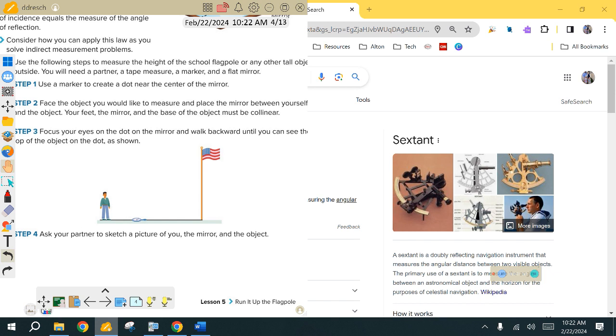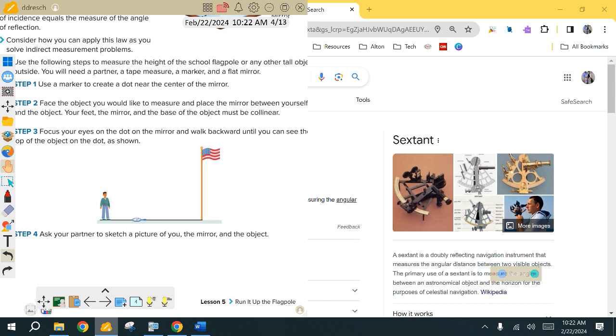I keep looking at that mirror until I find the sweet spot where I can finally see the top of that flagpole in the mirror. As soon as I walk backwards enough and find the top of the flagpole in the mirror, I stop.